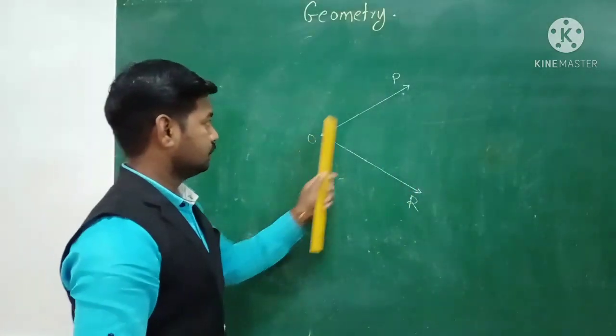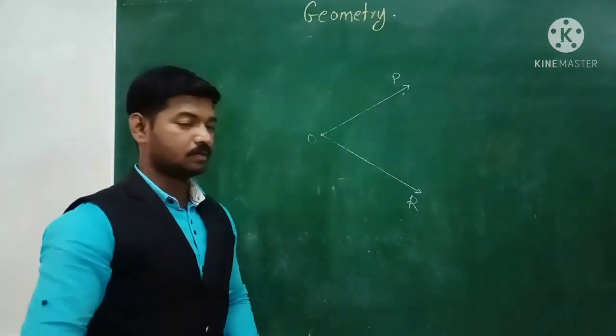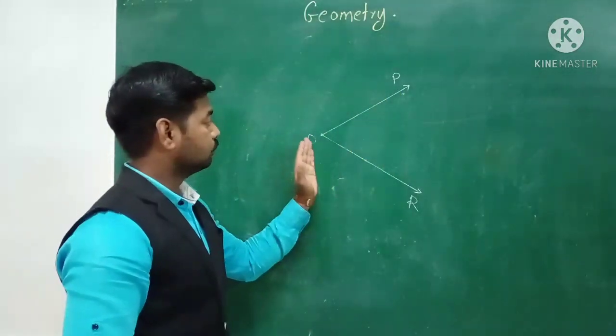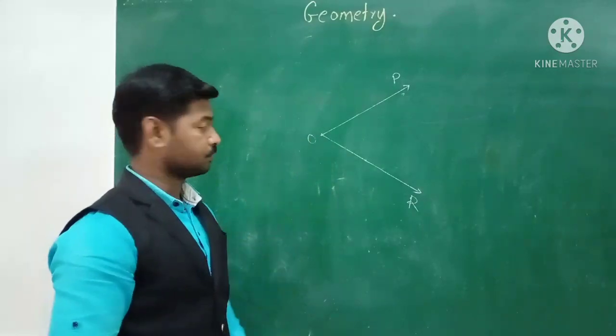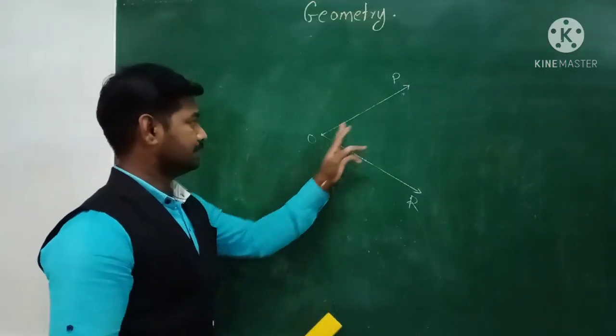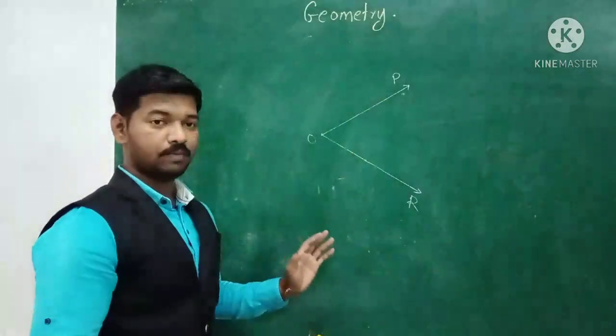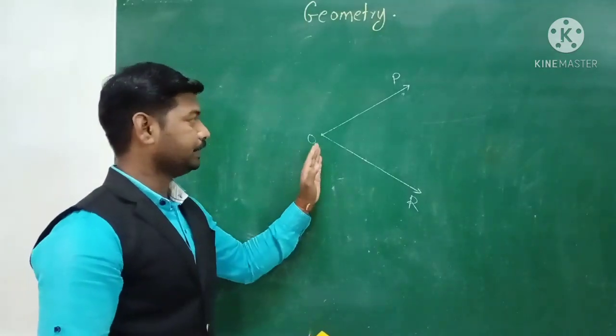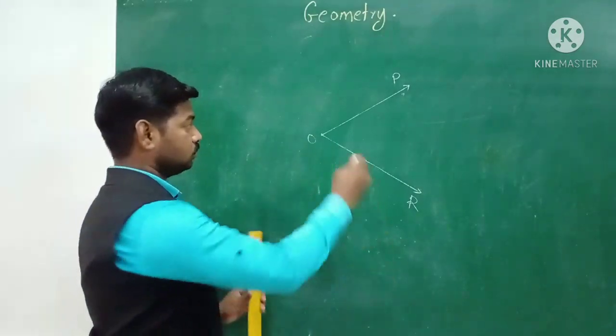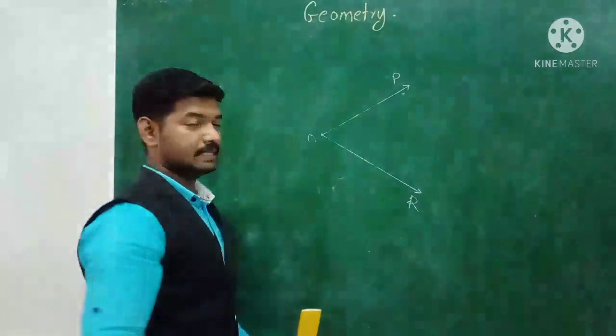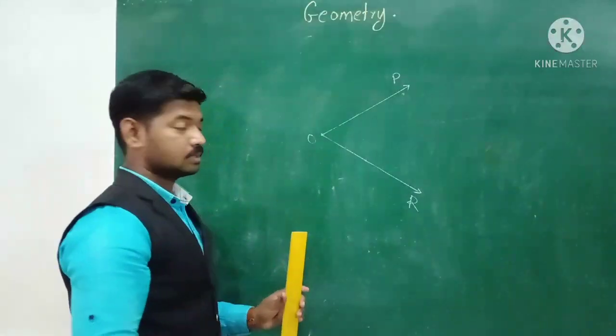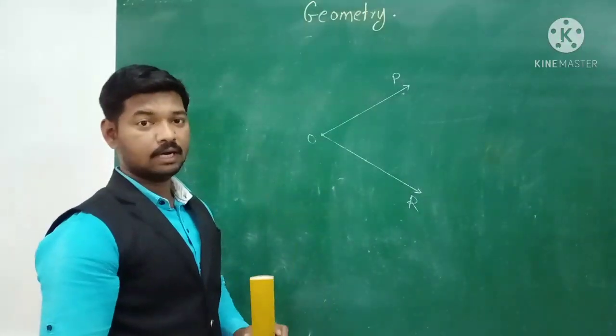So these two rays I have drawn from point O. We can say that these two rays are forming an angle at point O. These two rays are known as arms or sides of an angle.